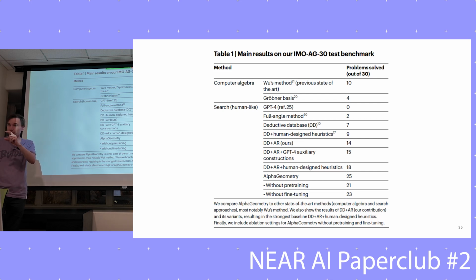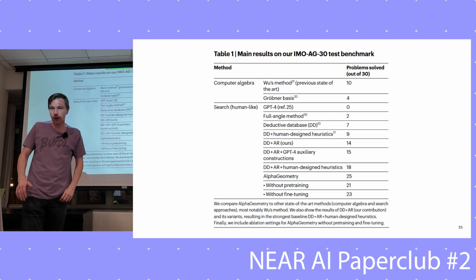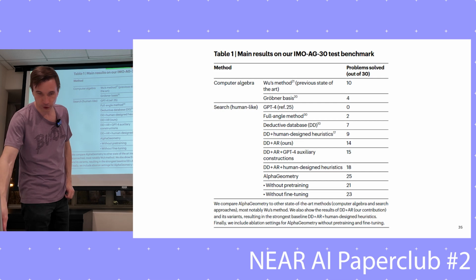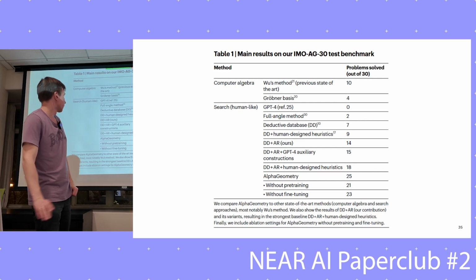So complexity of the problem and how long the proof of AlphaGeometry is. And they saw that for the 3 hardest problems, the 3 problems that were solved barely by anyone, the AlphaGeometry proofs are obscenely long, right? Something that is definitely not a human readable proof. But if you remove those three from consideration, then there is no correlation. The length of the proof is not correlating with the complexity of the problem.